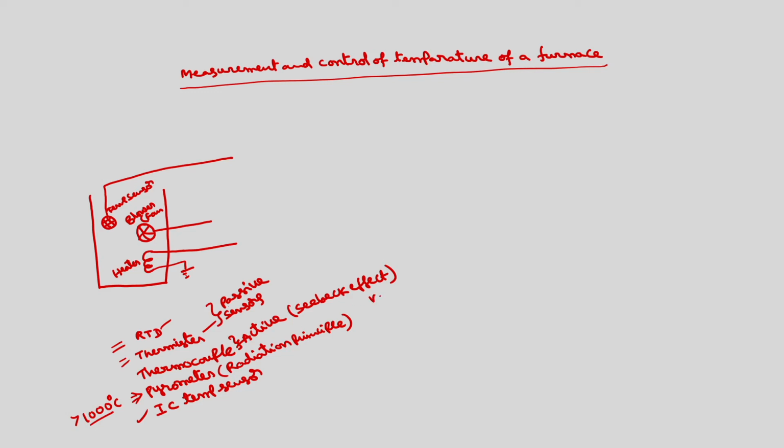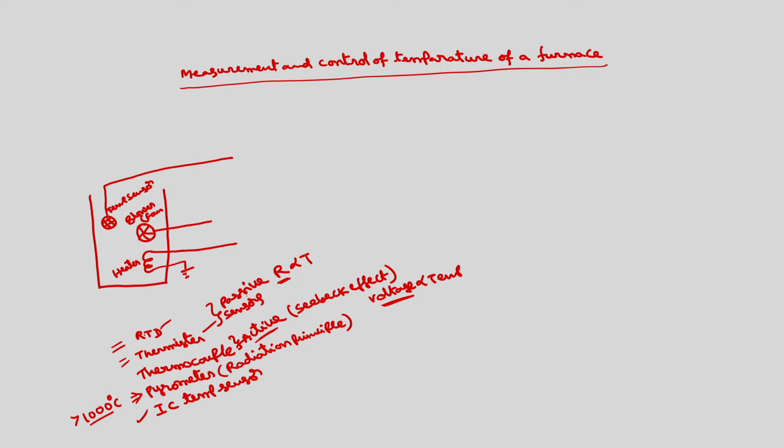So here directly the voltage, EMF, is produced, which is proportional to temperature. Whereas in these two cases, the resistance varies with the temperature. So in order to convert the change in resistance into voltage, we need some bridge circuits. Okay. So that is why they are not called active. Whereas this is called active because it directly generates the voltage which is proportional to the temperature.